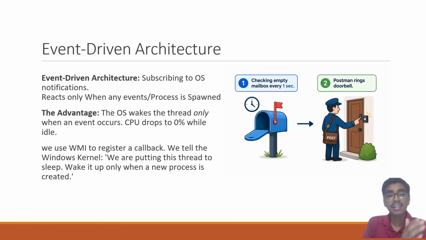It reacts only when an event happens or a process is spawned. We use WMI to register a callback, telling the Windows kernel to put this thread to sleep and wake it only when a new process is created. The biggest advantage is that the OS wakes the thread only when an event occurs, when any process is created, and this is notified by the kernel-level notification system, which we have enabled using the WMI setup.